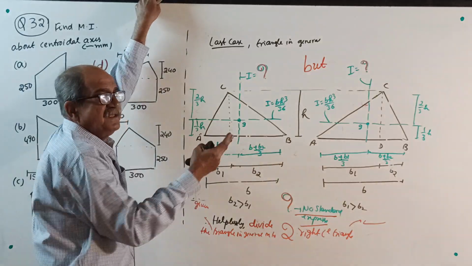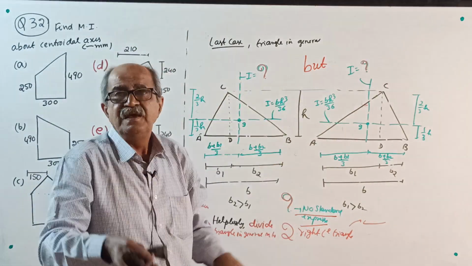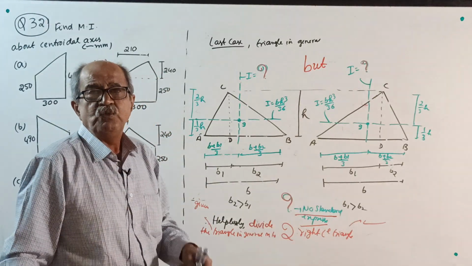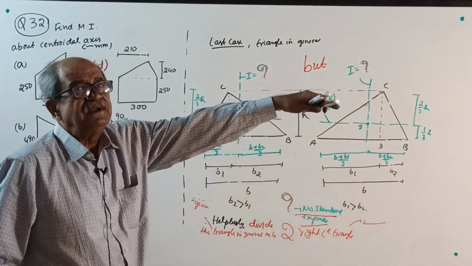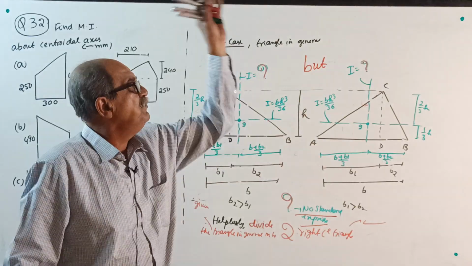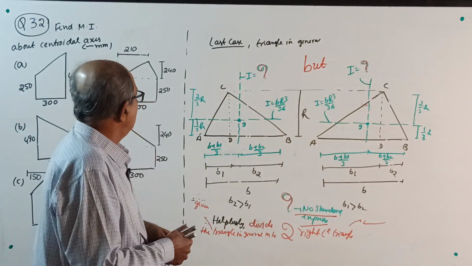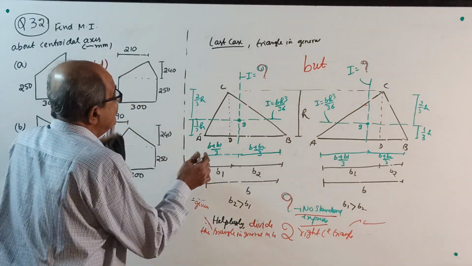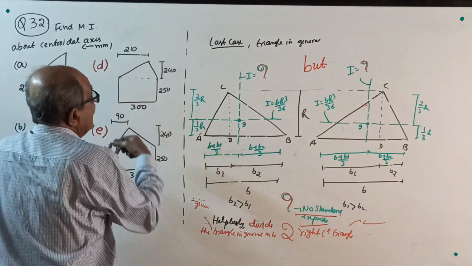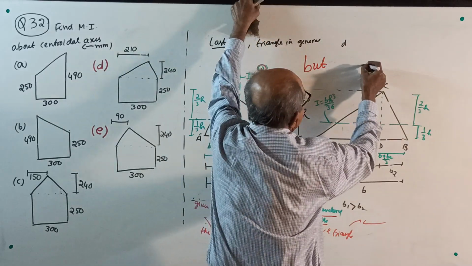This may be figure number 3, and this one figure number 2. If you are interested in moment of inertia about any horizontal axis, you don't have to divide. But if you want about a vertical axis, I will tell you a simple example a little later. Example D, see here, D. Yes, it is the same case here.